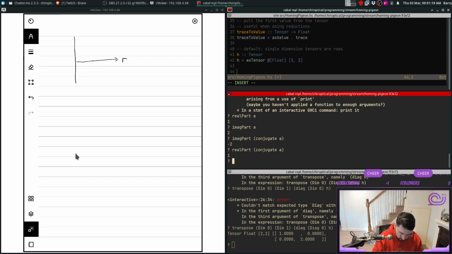This is real. This is imaginary. This is a positive component, negative component. And then let's say this is 1, 1. And then this vector would basically be a complex number that's 1 plus 1i.